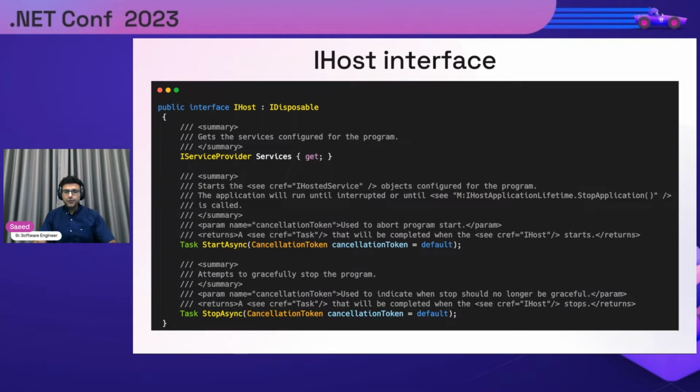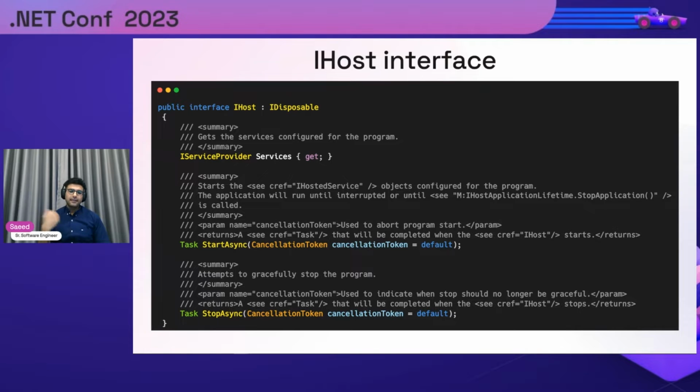Here is the IHostedService interface. If we want to go more into the code, there are two methods for the host, StartAsync and StopAsync. StartAsync is responsible for starting the application. In our .NET application, there is always a line at the end of Program.cs called app.RunAsync, where that app actually is the host.